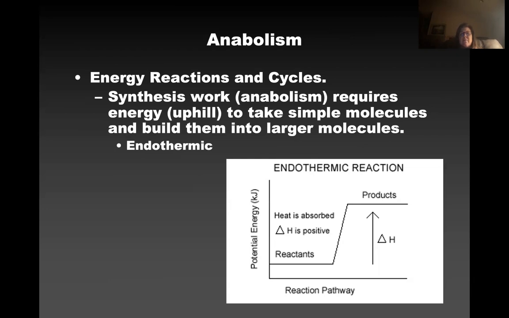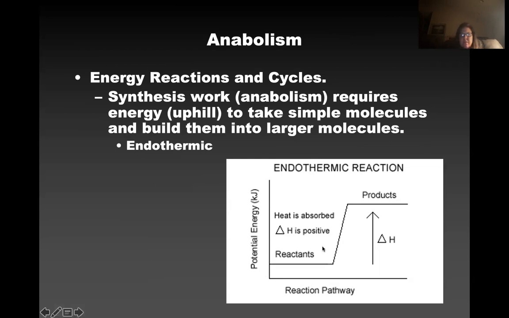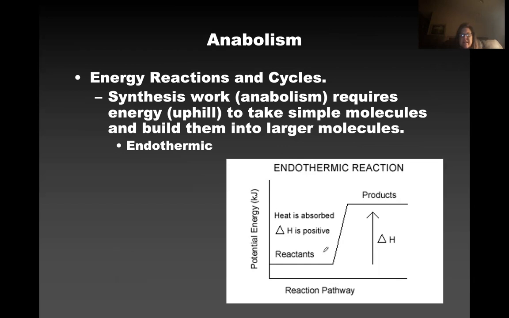So when we make things, notice here our potential energy versus our reaction pathway. Notice that our reactants are lower in potential energy than our products.